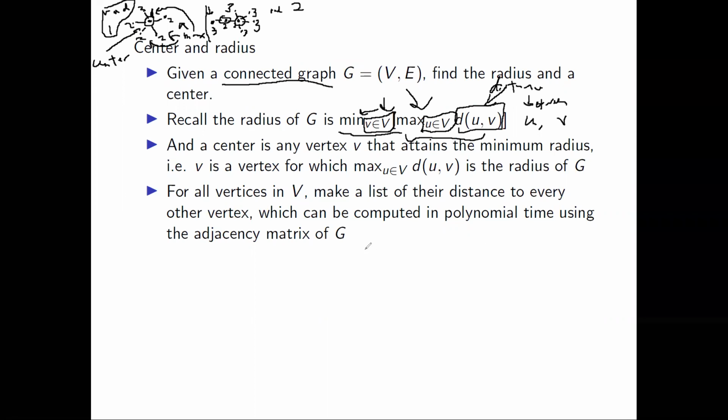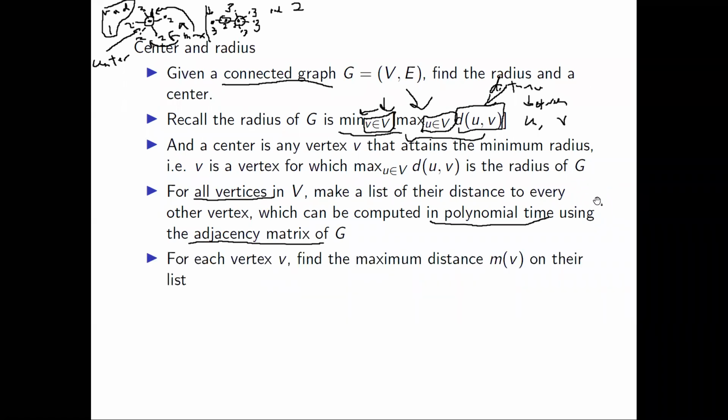And we can compute all these distances for each of our vertices in polynomial time, like I mentioned earlier, using the adjacency matrix. So using the adjacency matrix of G, using powers of that matrix, we can determine the distance between every pair of vertices in our graph.